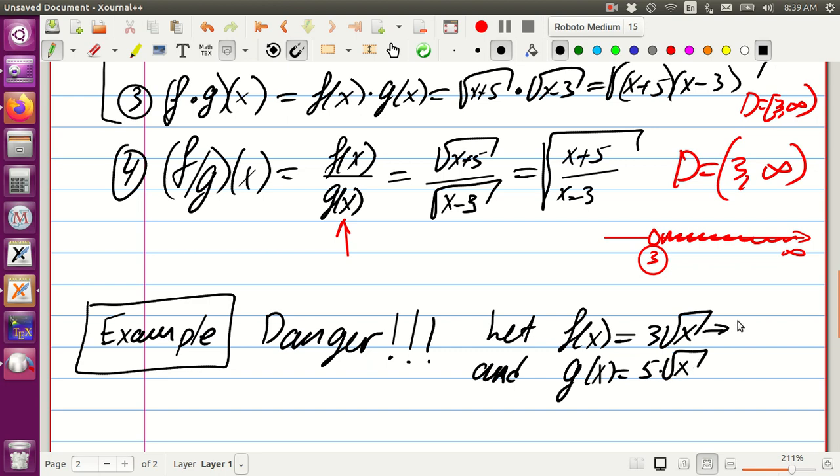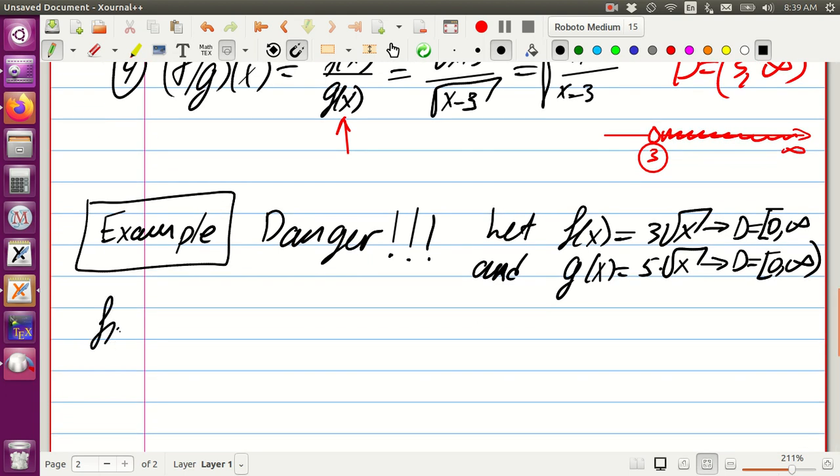So if we think about the domain of this function, everything from 0 to infinity would work here. And if we think about the domain of this function, everything from 0 to infinity would work here. Any number greater or equal to 0 would work. So the example asks us to find f times g of x and find its domain.